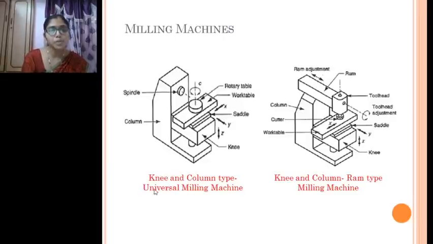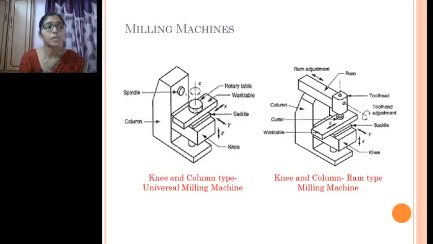And there are special types of knee and column machines, where we have a swiveling head, that is the universal milling machine, where the work table is replaced by a rotary table. Along with the X, Y, Z direction feed motions, we can also give rotary motion to the workpiece, and it can be placed at a particular angle in this universal milling machine.